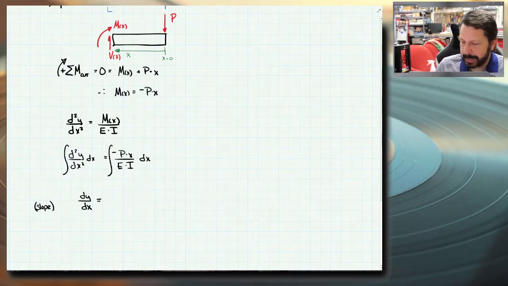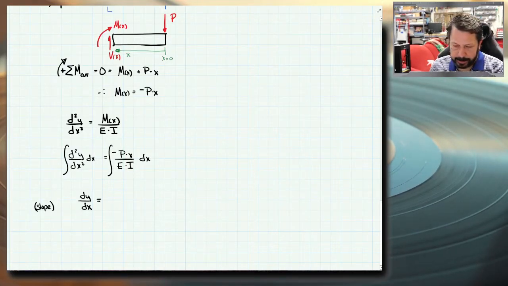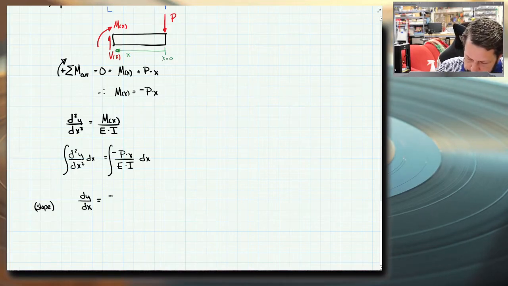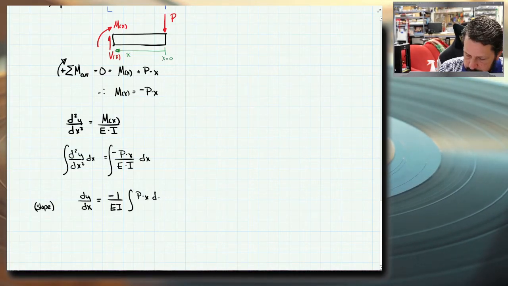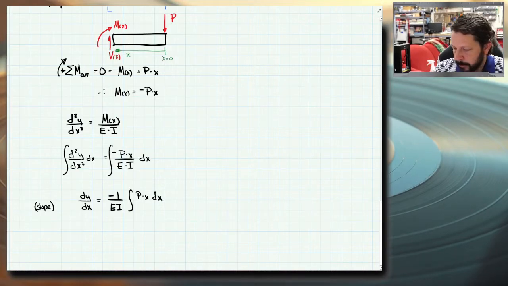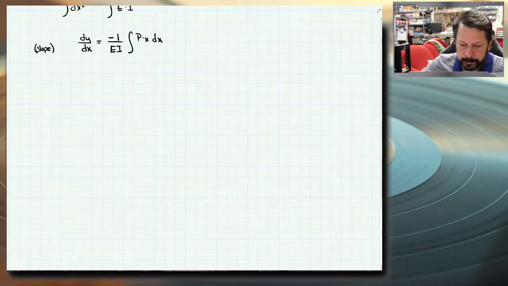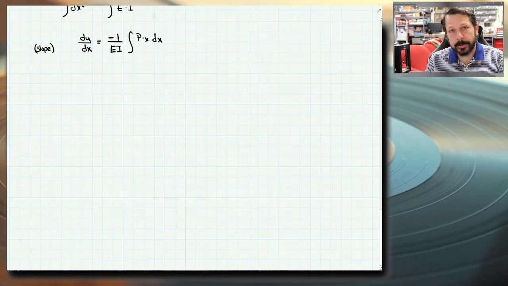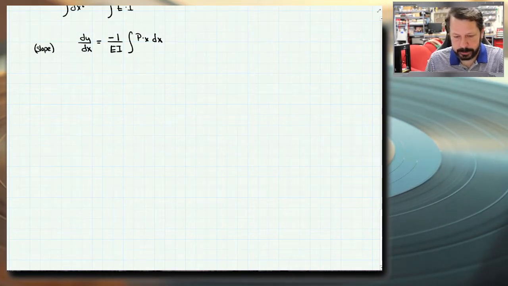So the right-hand side, I get negative 1 over EI, all that's constant, and then I integrate P times x dx. The integral of px dx is px squared over 2, and you generate a constant of integration.